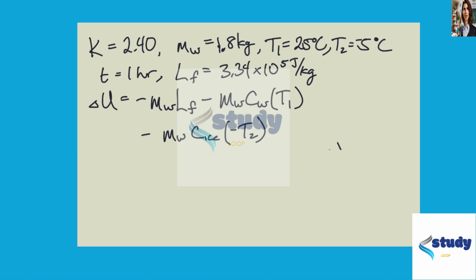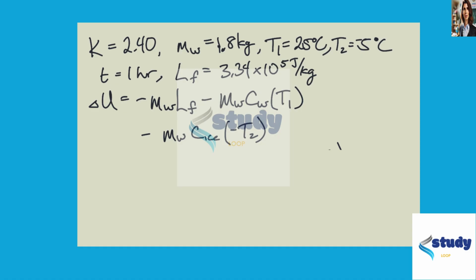It is the amount of energy needed to take the liquid water to solid water, so the water to ice. So that's the mass of the water, which is also the mass of the ice, times the latent heat of fusion. And then we also have minus the mass of the water times the heat capacity of water times its temperature minus its zero temperature.